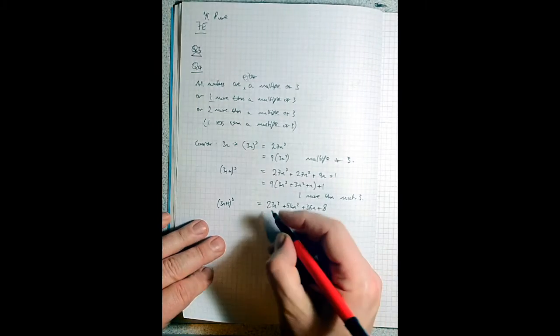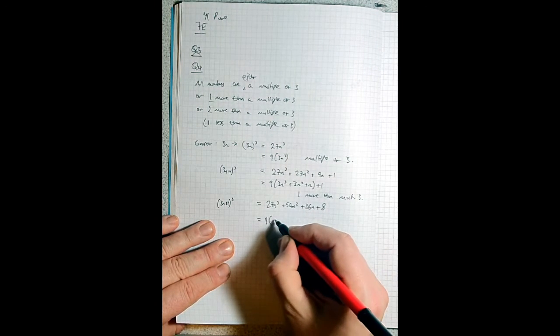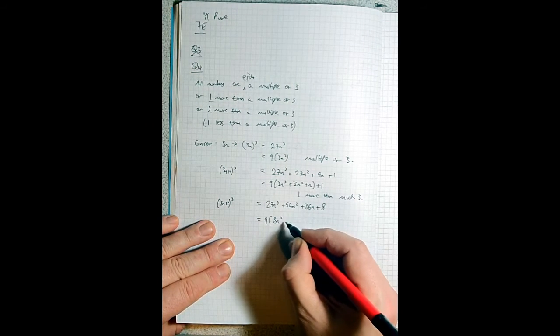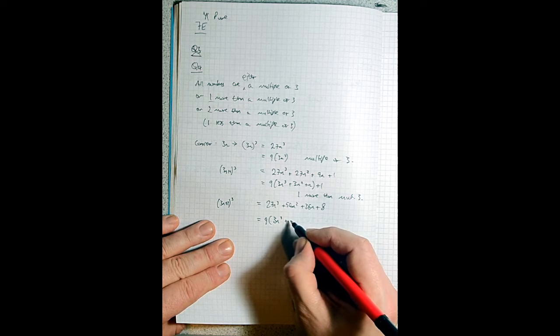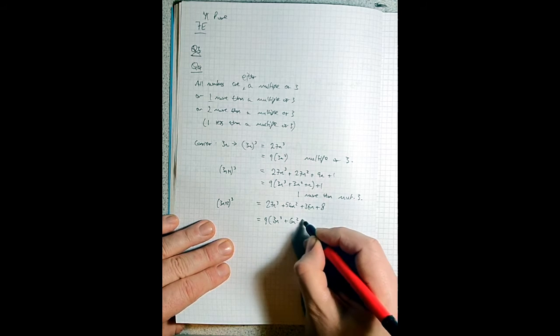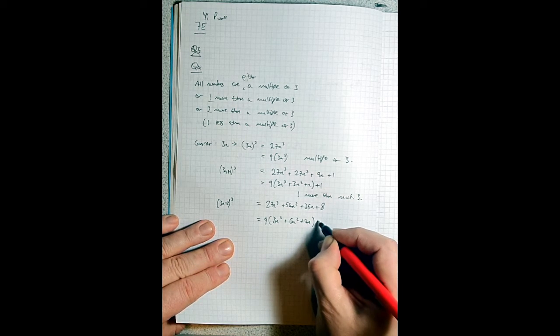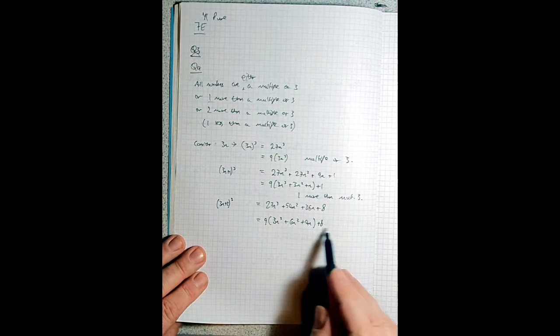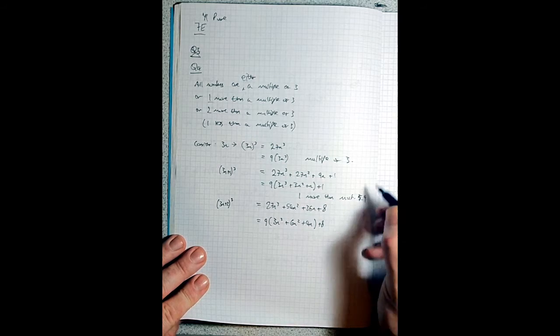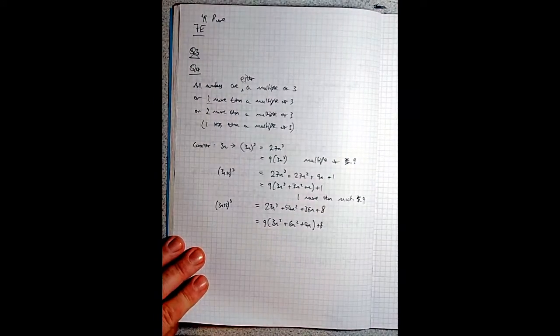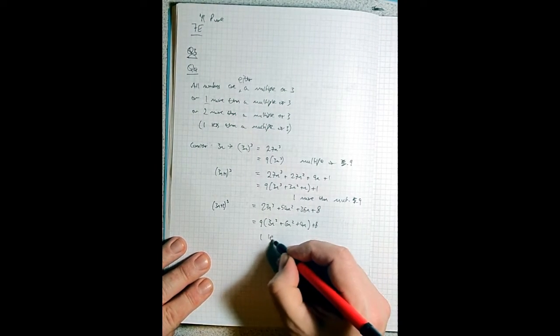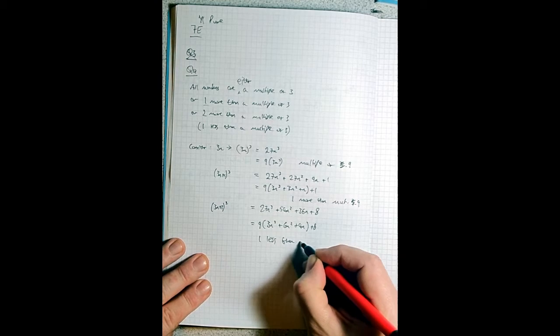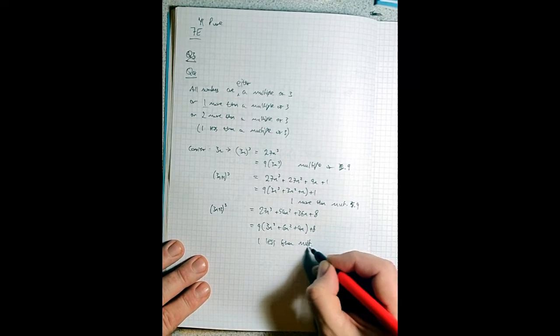Yeah. Well, that's 9 times 3n cubed plus 6n squared plus 4n, plus 8. And of course, this must be 1 less than a multiple of 9. Just realised I've written 3 for those two. There you go. 1 less than a multiple of 9.